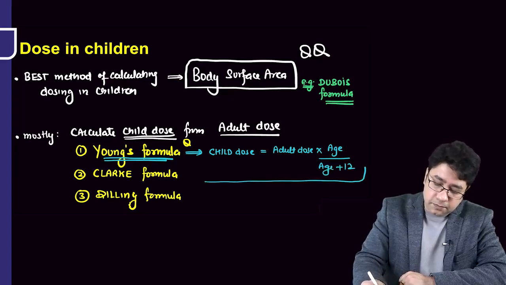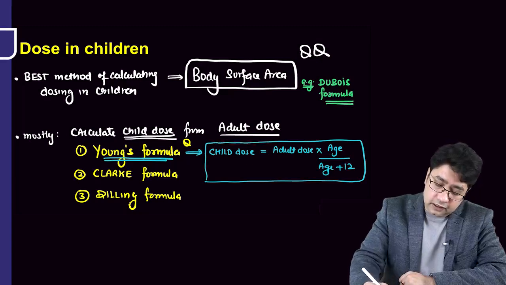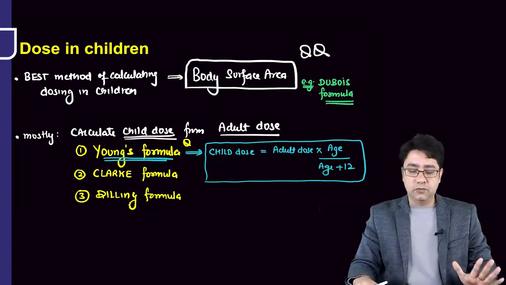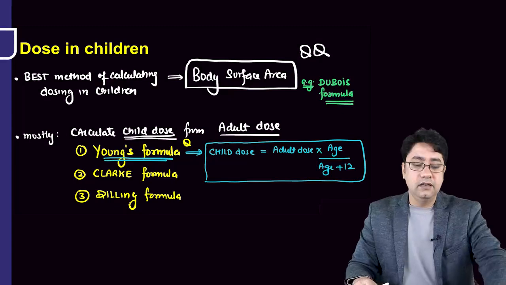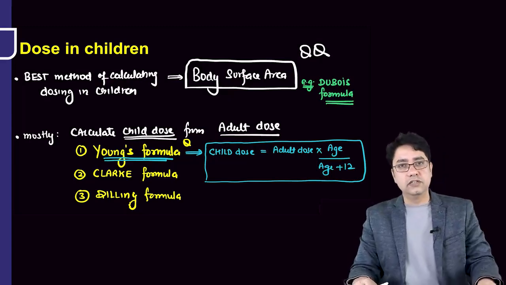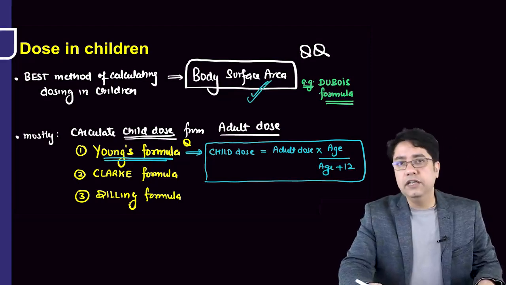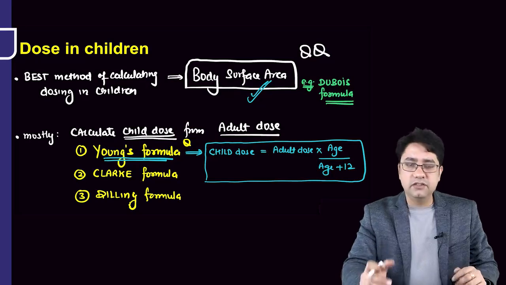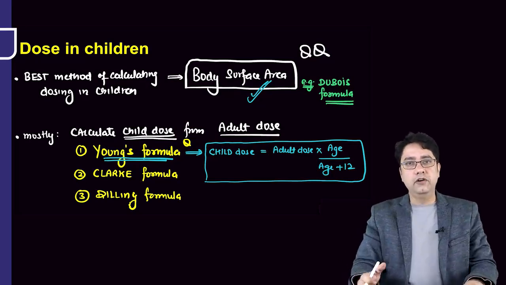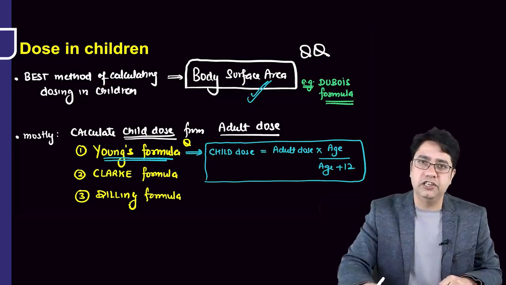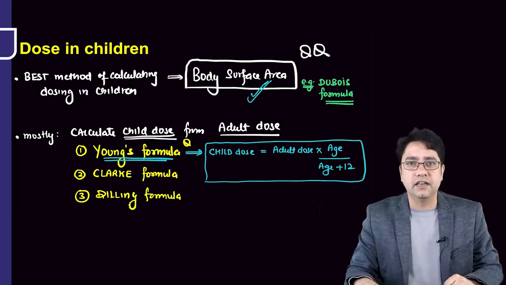So adult dose, age of the child upon age plus 12. This is Young's formula. This is how we calculate the dose in a child by Young's formula. But the best method is body surface area. And this finishes our loading dose, maintenance dose, and dosing in renal failure and special age groups. Best wishes. Thank you very much.